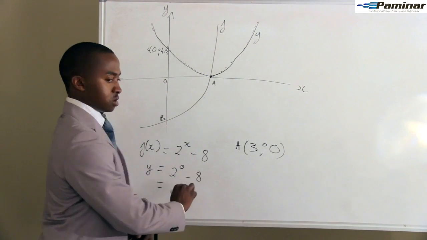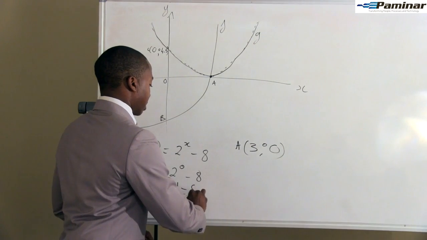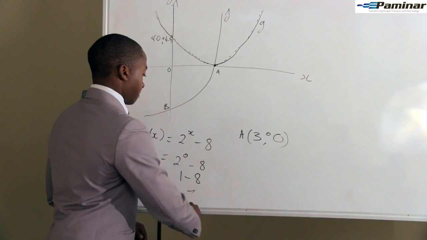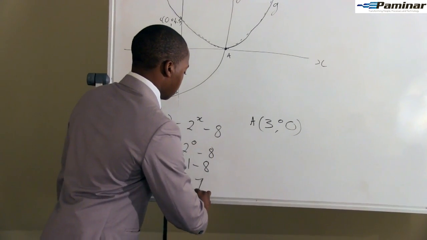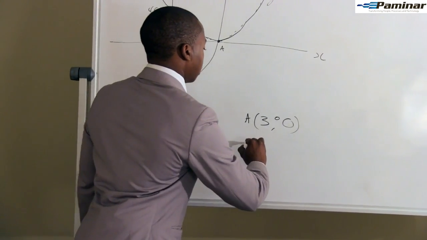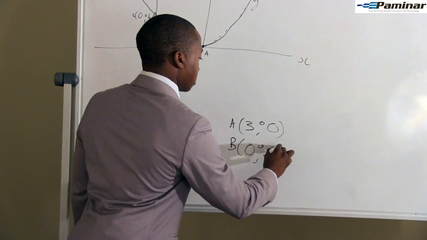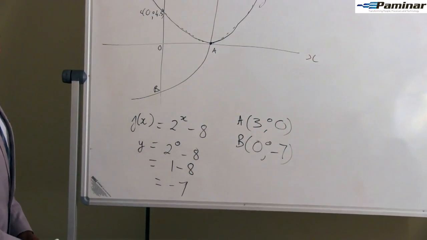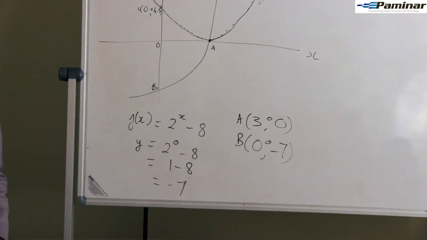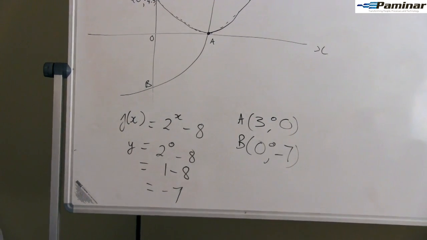What's 2 to the 0? 1. 1 minus 8 will equal minus 7. So B will be the point where x is 0 but y is negative 7.